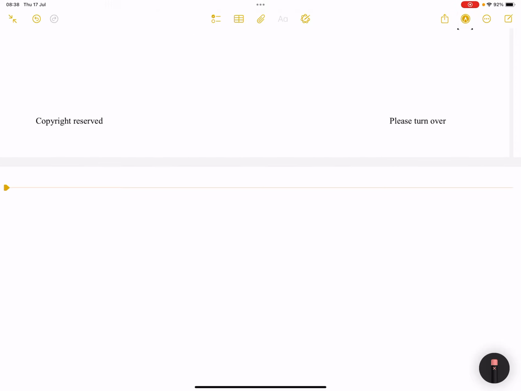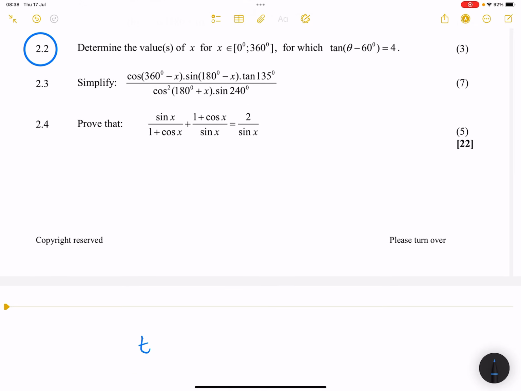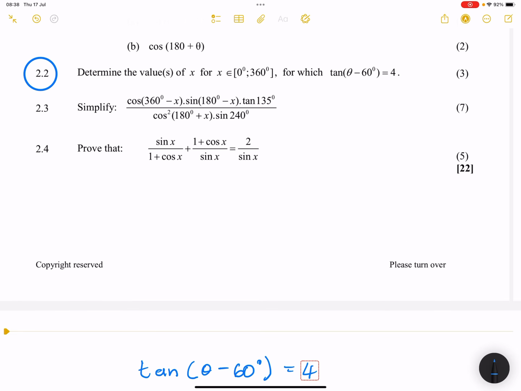Right, so firstly, we've got an equation over there, right? And our equation is simply tan of theta minus 60 degrees, okay? And this is equal to 4. Now, how do I get the values of theta? And remember, we need specific values here because we are given an interval between 0 to 360.